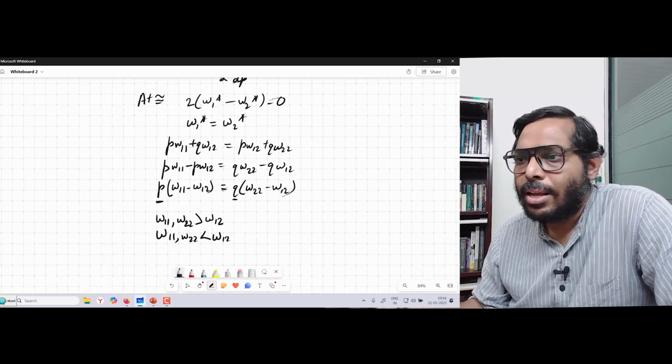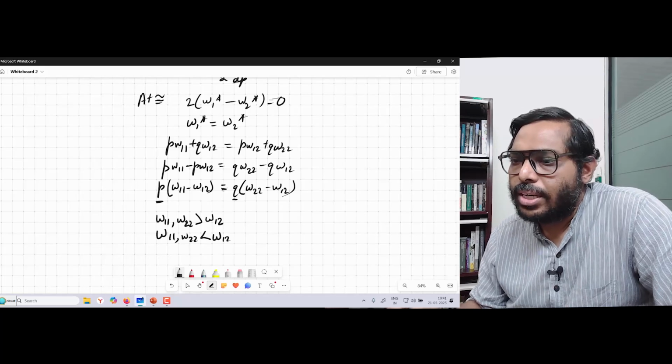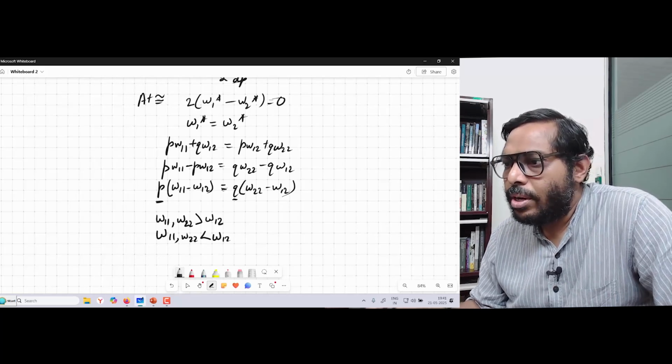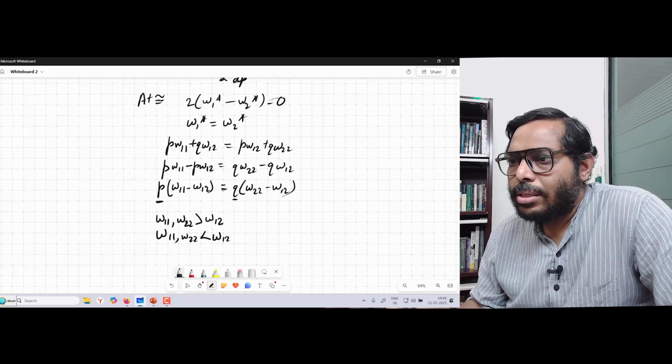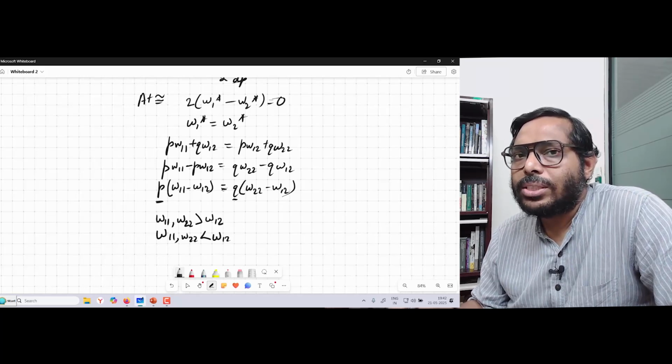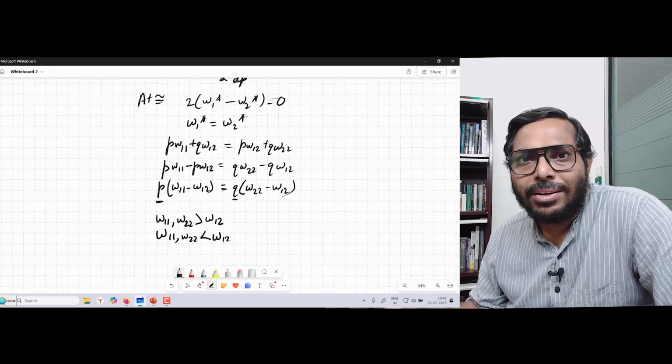Why am I saying that? Because let us take the first condition. W11 is greater than W12, so this is positive. W22 is greater than W12, so this is positive, positive, positive, great. But suppose that is not the case, then you will have positive on one side and negative on the other side, which cannot happen, right.